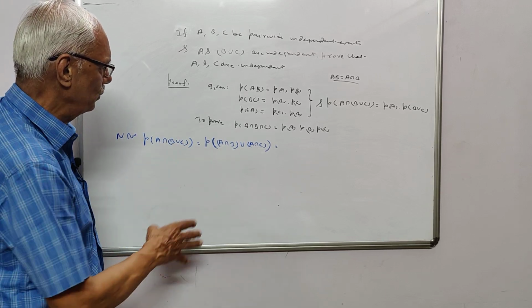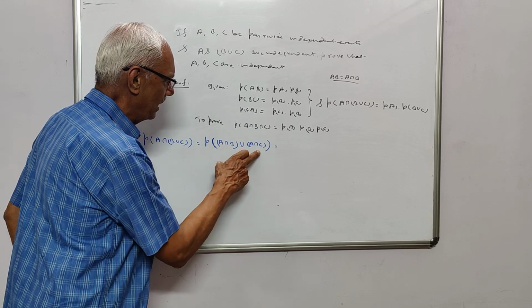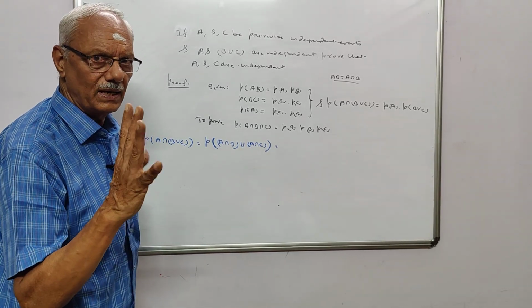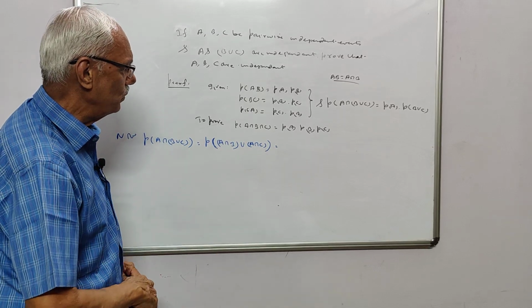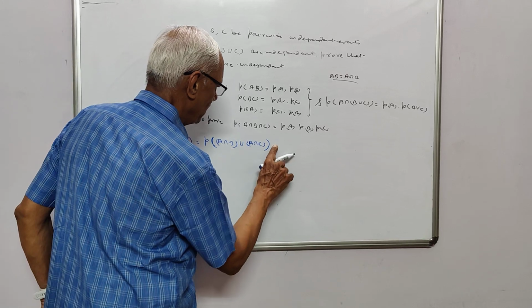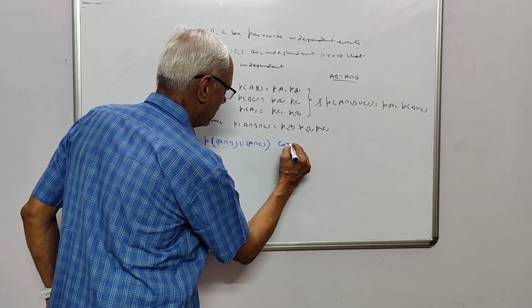Now you see that I do not know whether A intersection B and A intersection C are independent. I do not know that. But I will use what is called my addition theorem.